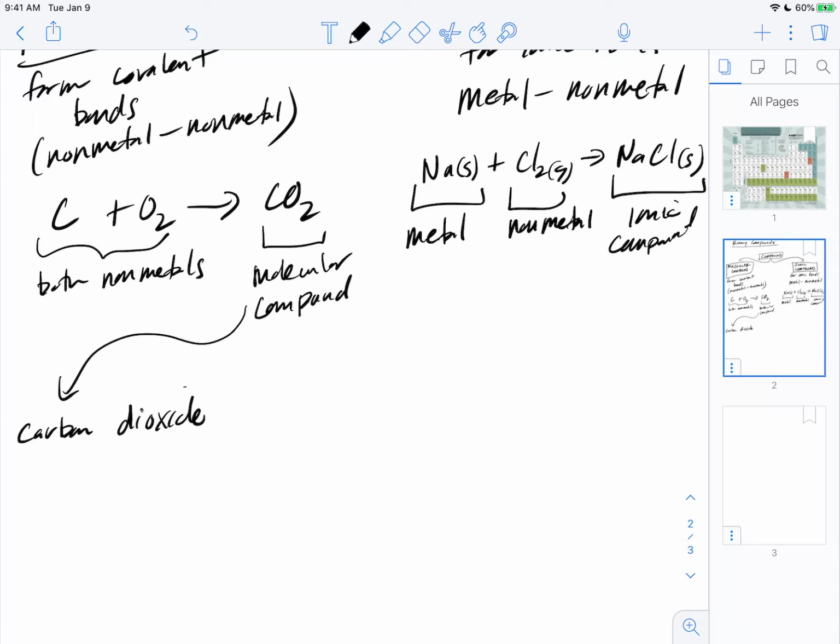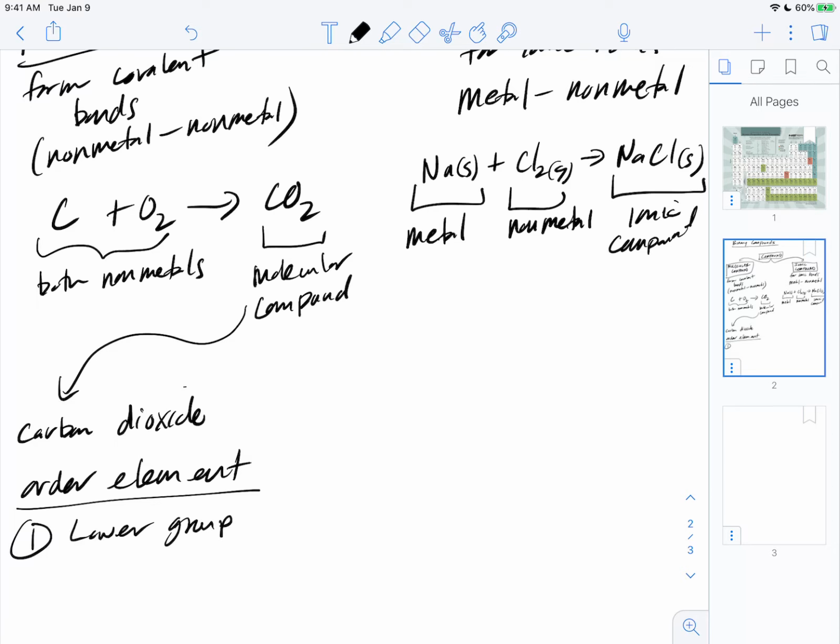And so when we order elements, when we're writing out these molecular compounds, we first order by the lower group number, remembering that a group is the column that the element is in. That goes first.